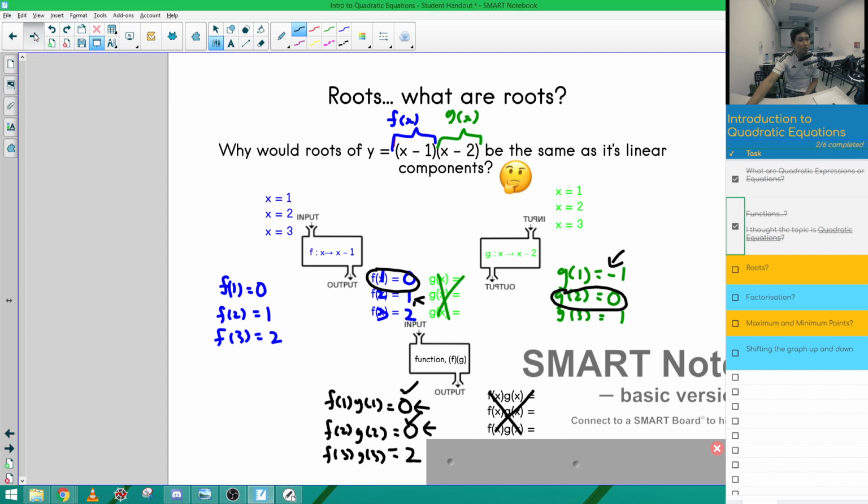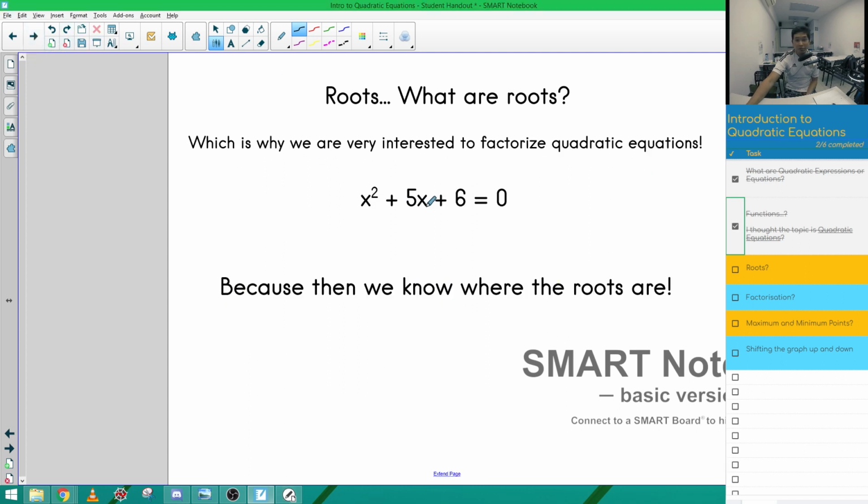This is the reason why whenever we're given an equation like x squared plus 5x plus 6 equals 0, we are very interested to first factorize this. We want to factorize this into, before I write the answer, I'm going to give you 3 seconds, or you can pause the video and think about how to factorize this yourself. The answer is coming out in 3, 2, 1.